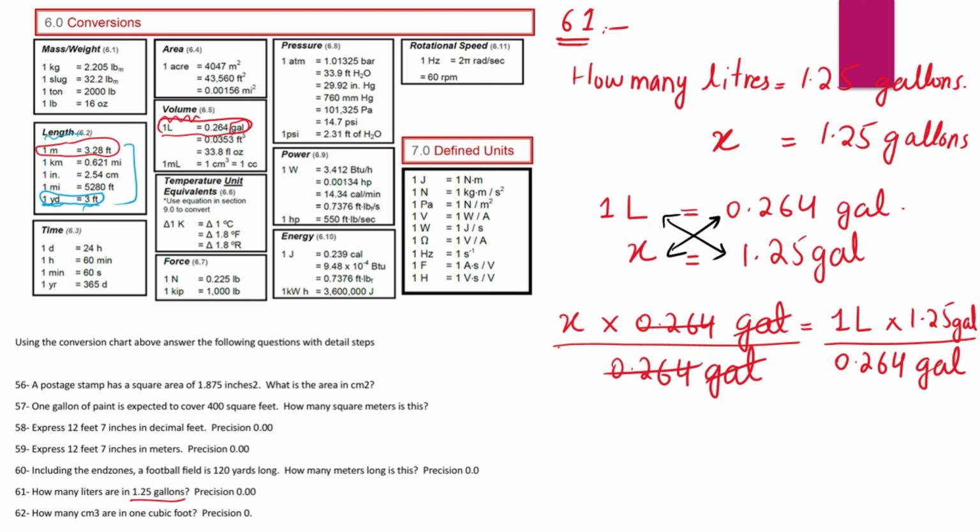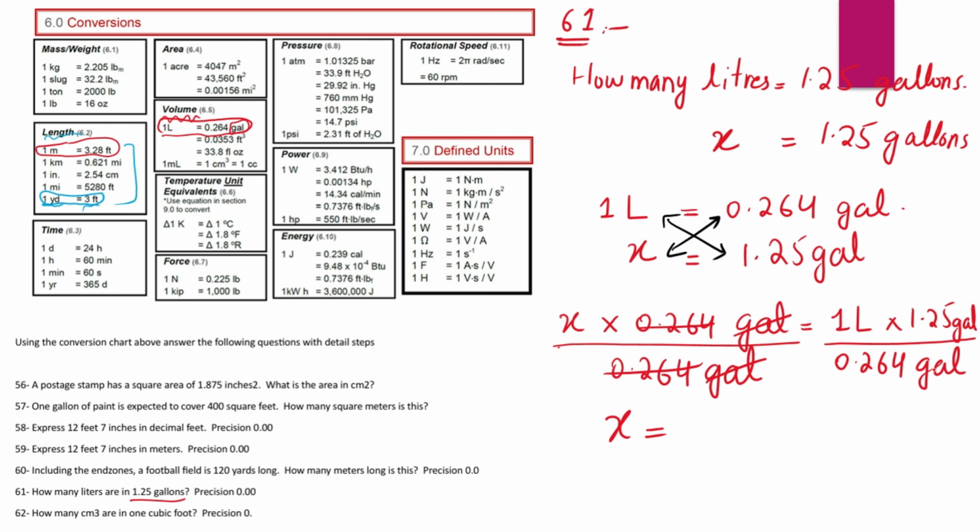On the left hand side it is just x. So x is equal to, on the right hand side, 1 liter multiplied by 1.25 gallon divided by 0.264 gallon.